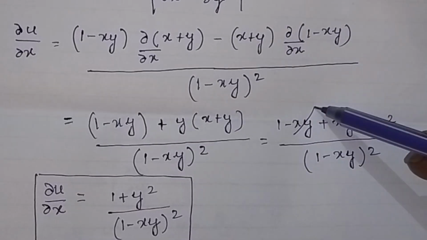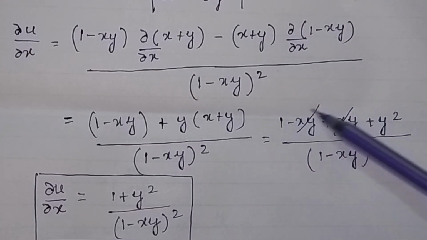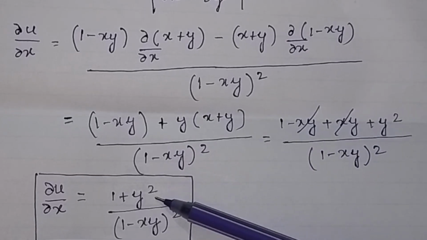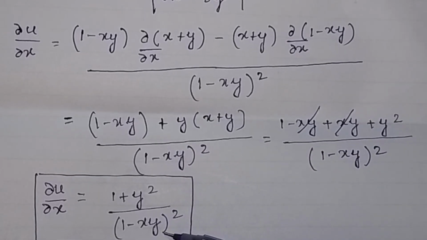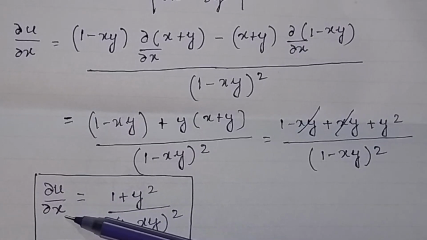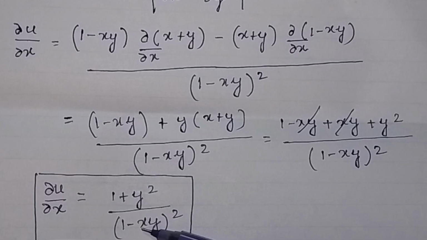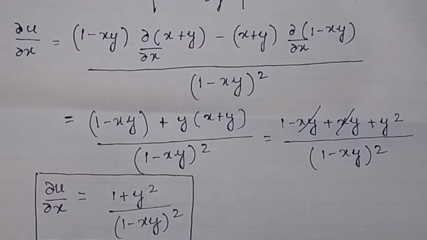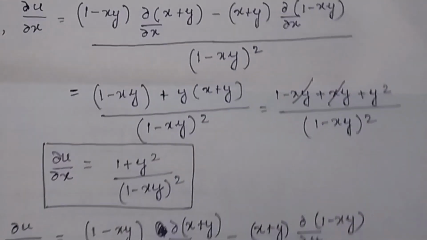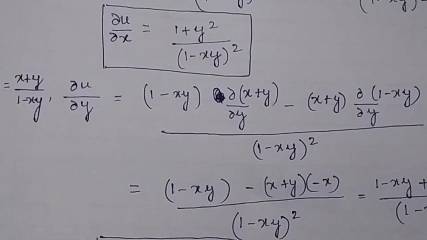So minus xy plus xy cancels. In the numerator you have 1 plus y square divided by (1 minus xy) whole square. So the partial derivative of u with respect to x is equal to (1 plus y square) divided by (1 minus xy) whole square.